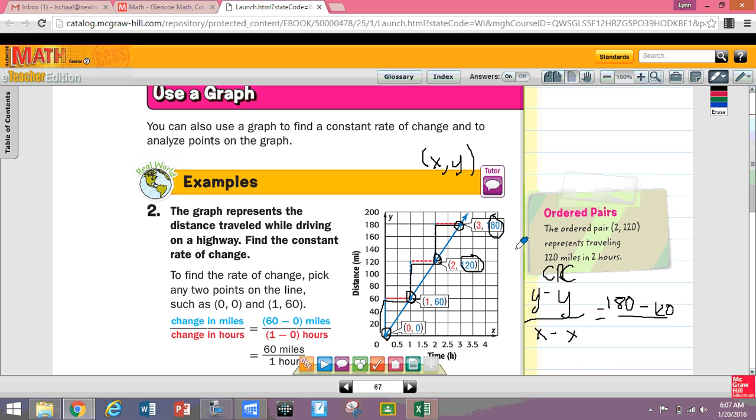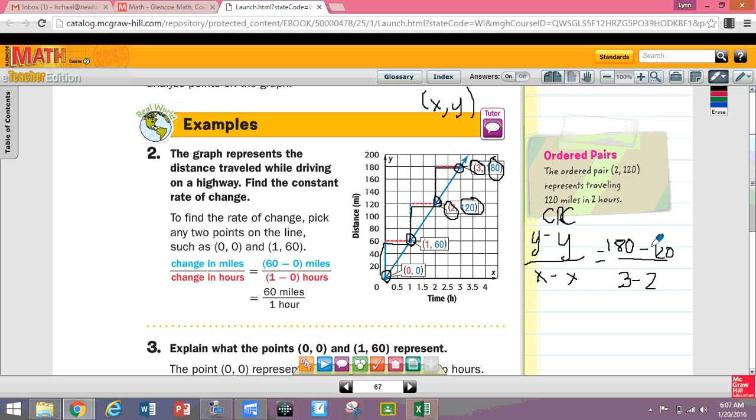Then once I have my y's done, I go to the same point, my same starting point, and I go to my x. I have a 3, and then my next x is a 2. And then you subtract those. So 180 minus 120 is 60 over 3 minus 2 is 1.